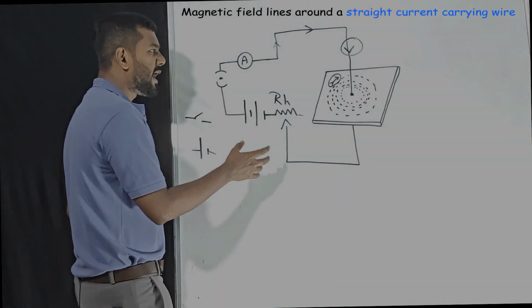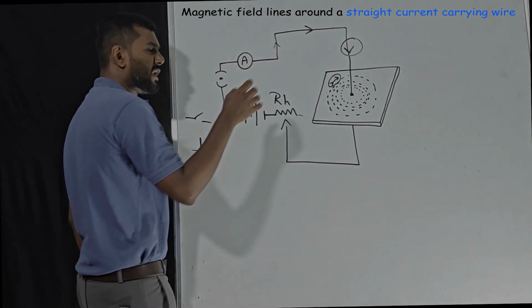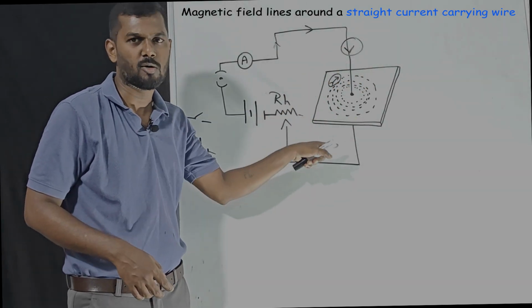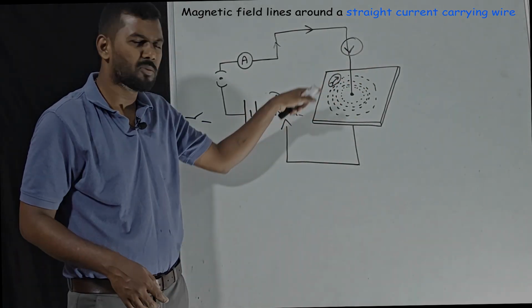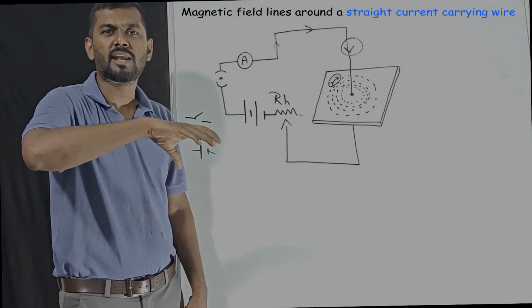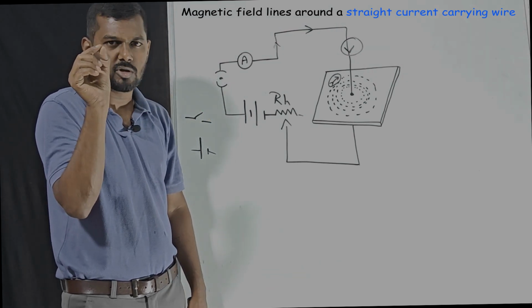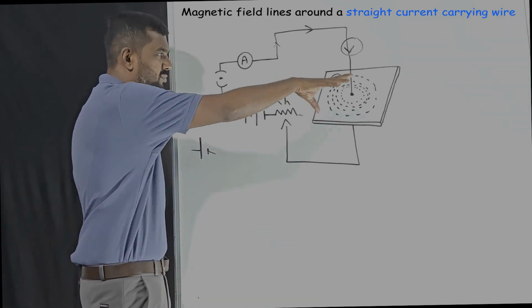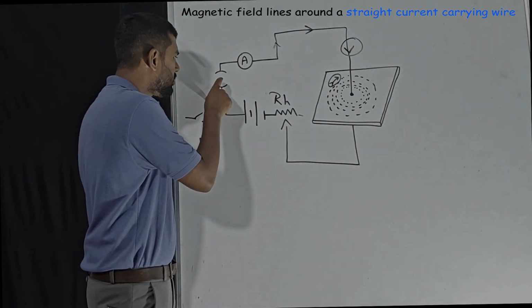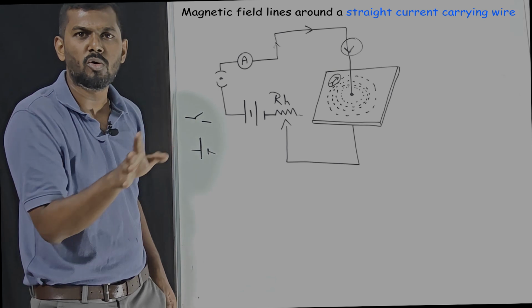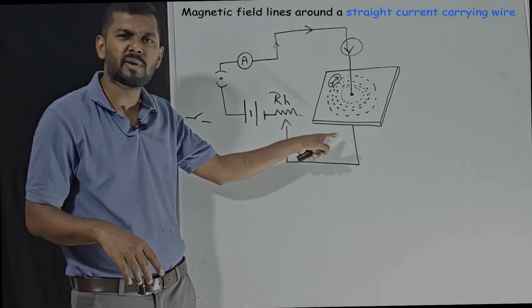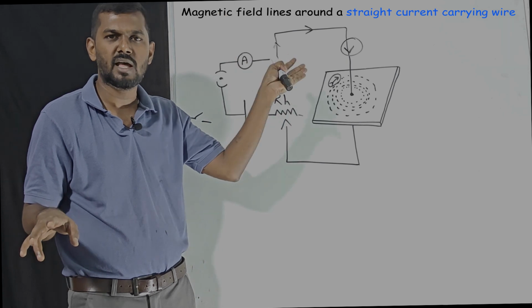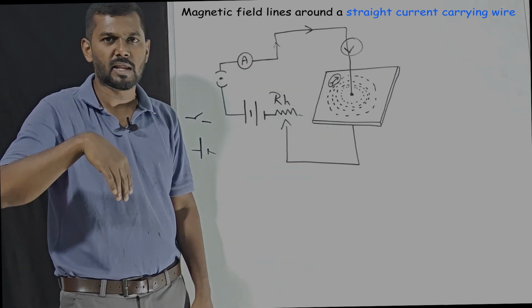Now what we are doing here: before passing the current, this is the cardboard sheet. On the cardboard sheet we sprinkle some iron filings, small iron pieces. Once you turn on the current, there will be no change in the arrangement; the filings stay in random directions as when you sprinkled them.